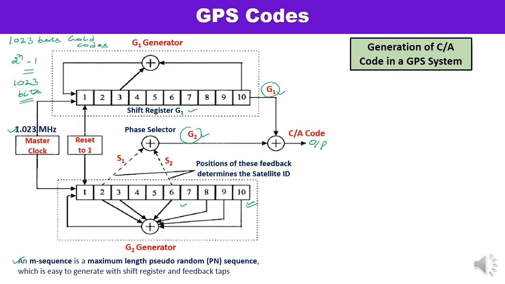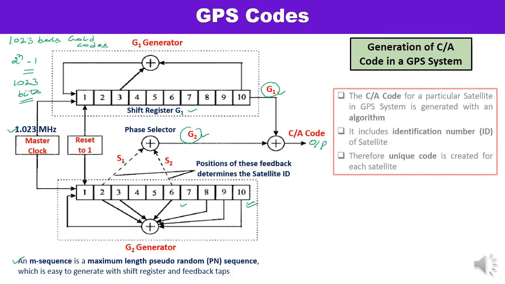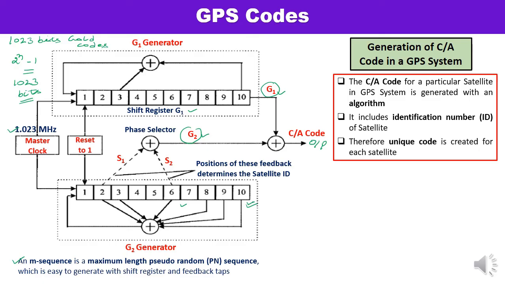It means for a particular satellite in the GPS system, the coarse acquisition code is created with the help of an algorithm. In that algorithm, the identification number of the GPS satellite must be available, and corresponding to it, it creates a unique code for each satellite. So a unique code is created for each and every satellite depending upon its identification number.